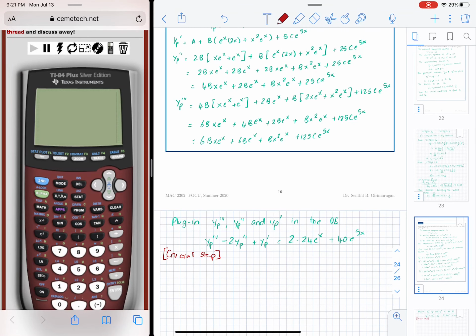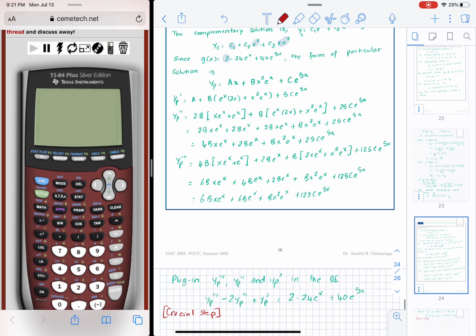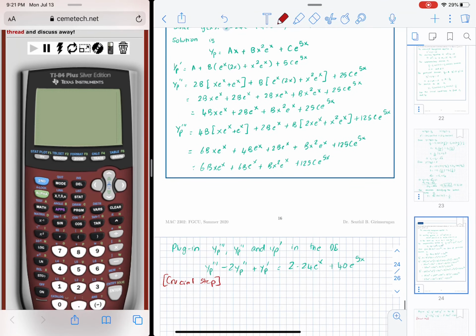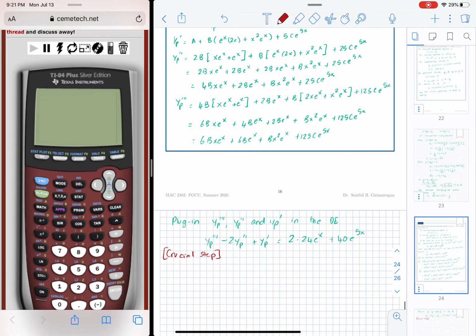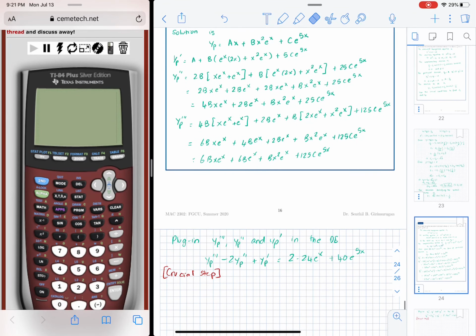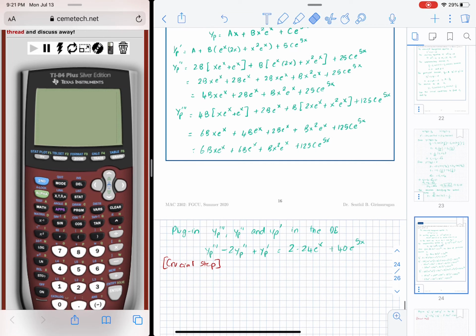So let's see the terms that we can use. We have a constant term, so we will get to that. We have a 24 e raised x.